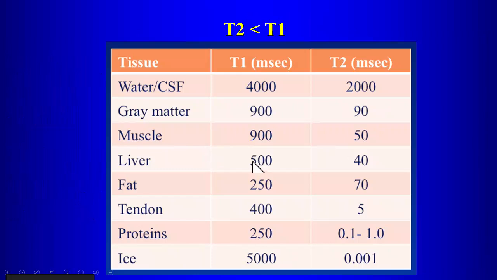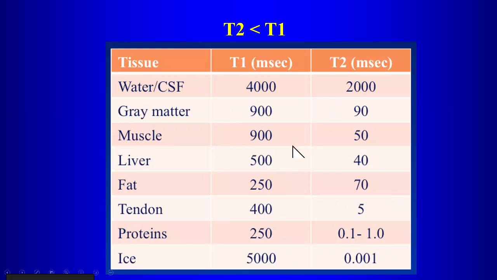You don't have to memorize these, but just to give you an example, what are these numbers T1 and T2? What are we talking about? We're talking about water. So the T1, this is in milliseconds, it's 4 seconds. The T2 is 2 seconds, right? Compared to gray matter, liver, fat. So look how short T1 is for fat compared to water. T1 and T2, much shorter for fat than for water. Okay?